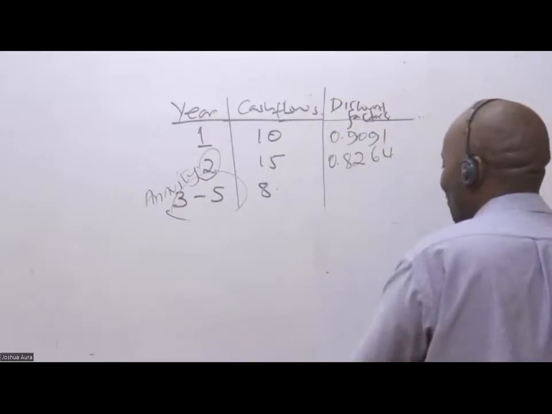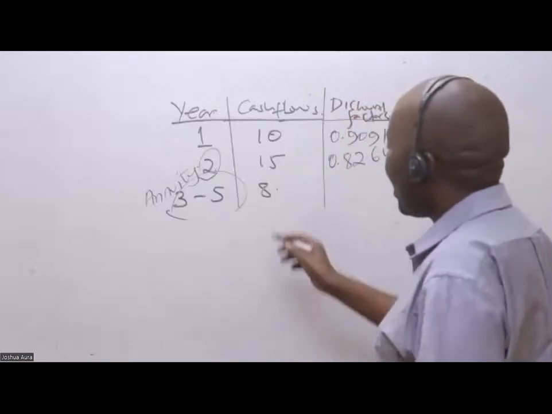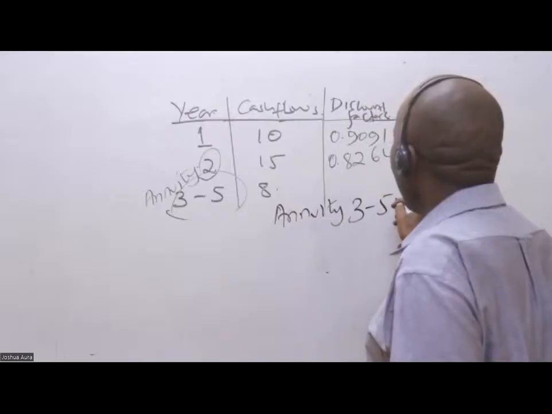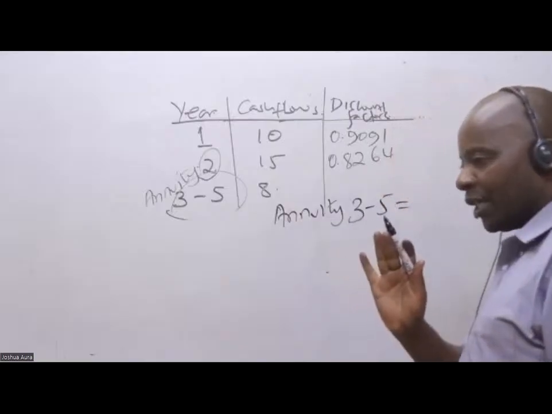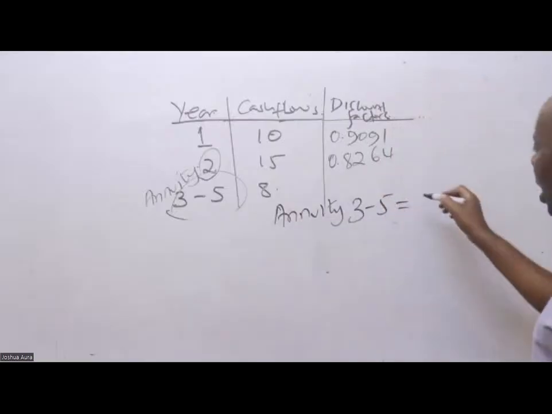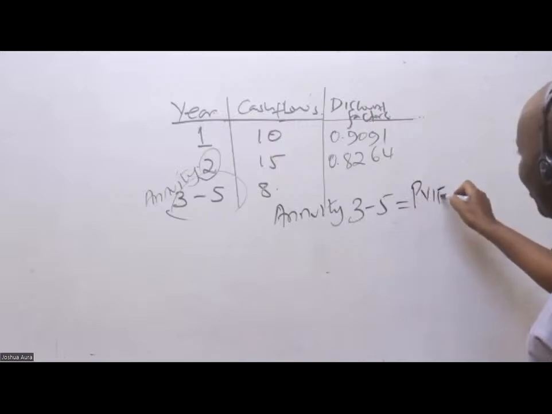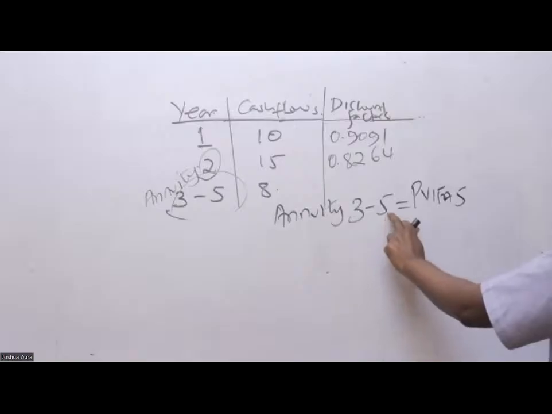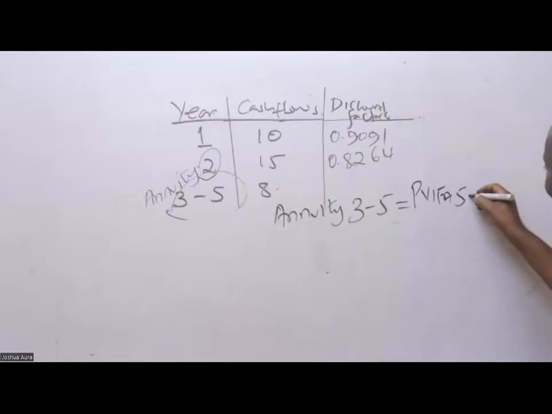Annuity. So they want us to give them annuity year 3 to year 5. This needs expansion. So I will take PVIF for 5 years, the upper limit. And then I'll say minus PVIF.